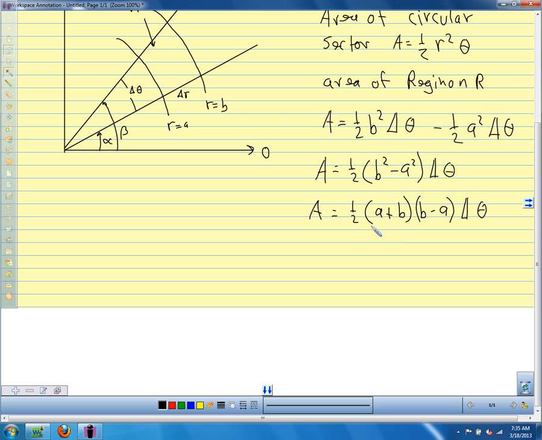And this quantity 1/2 (a plus b) is just the average. We can think of that as the average radius in our sector. So 1/2 (a plus b) equals r, and I'm going to use the bar for our average radius. And b minus a is just delta r.